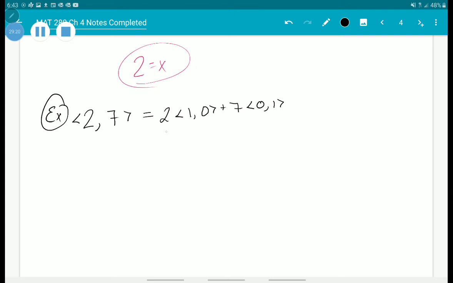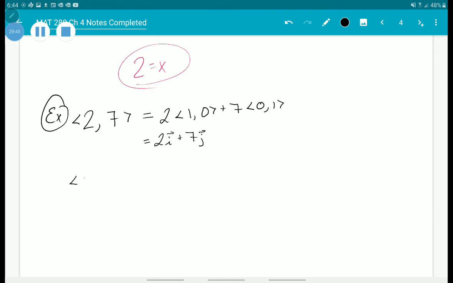So we can think about this in terms of i and j, and we can write it in that i and j notation. Algebraically, this guy is equivalent to that, and that 1, 0 is our i vector, that 0, 1 is our j vector, and those are called unit vectors. So those are like our normal unit vectors.